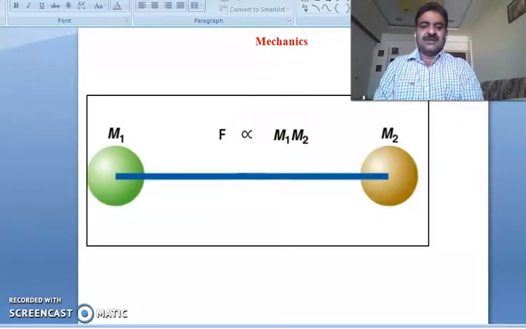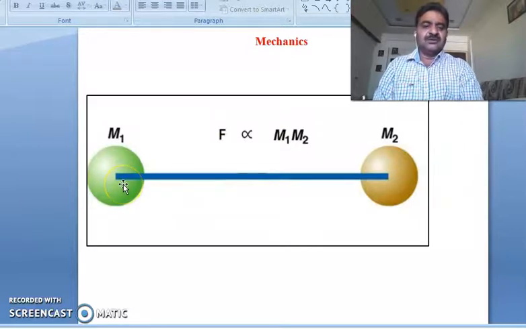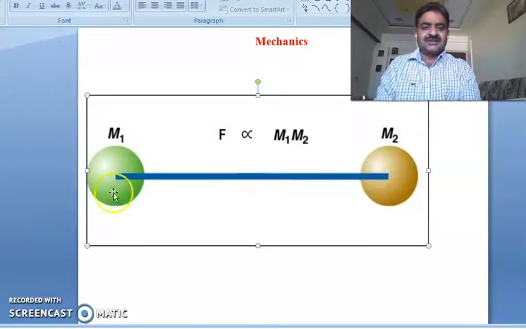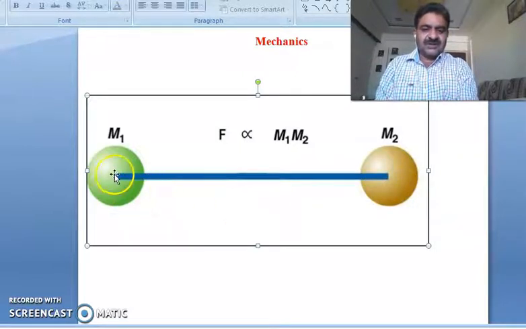Similarly, see this figure. Here M1 is the mass of one body, M2 is the mass of another body, and there exists a force between these two bodies. The distance between their centers is again r.